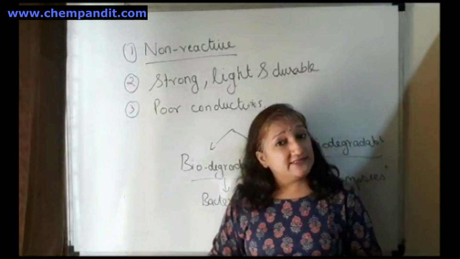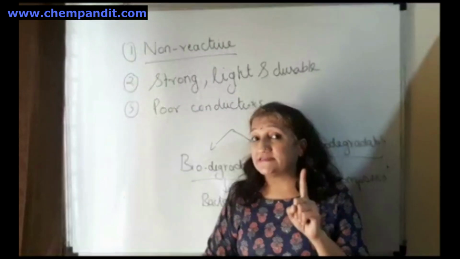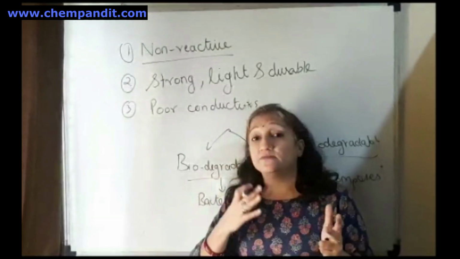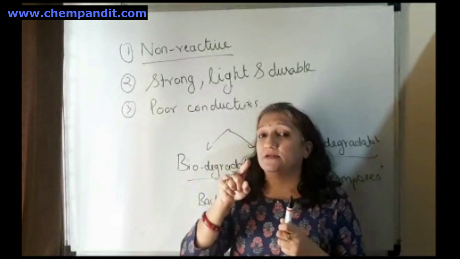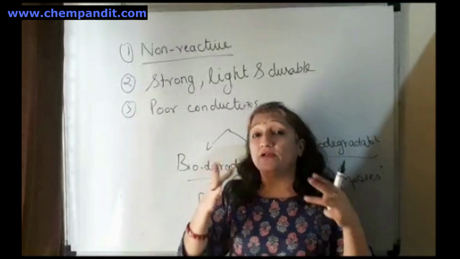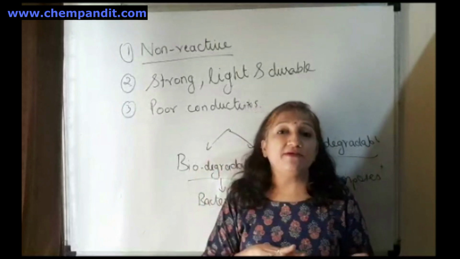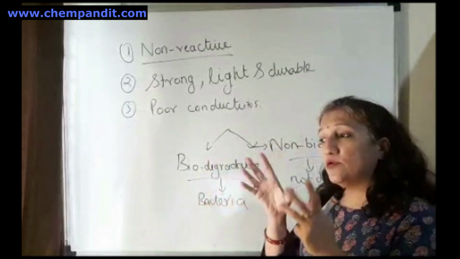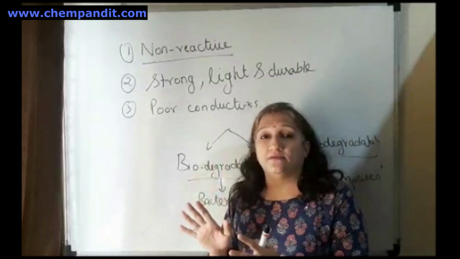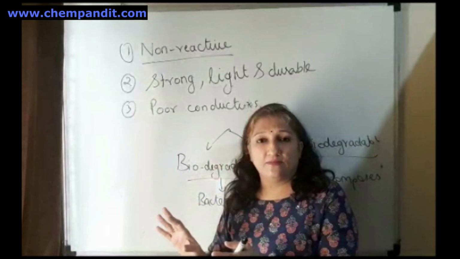The solution is, first of all, avoid plastic as far as possible. Why? Because of the plastic that is reusable, that can be remolded again and again, that can be used. But mostly the thermosetting plastic is non-remoldable, so it is basically non-biodegradable, right?